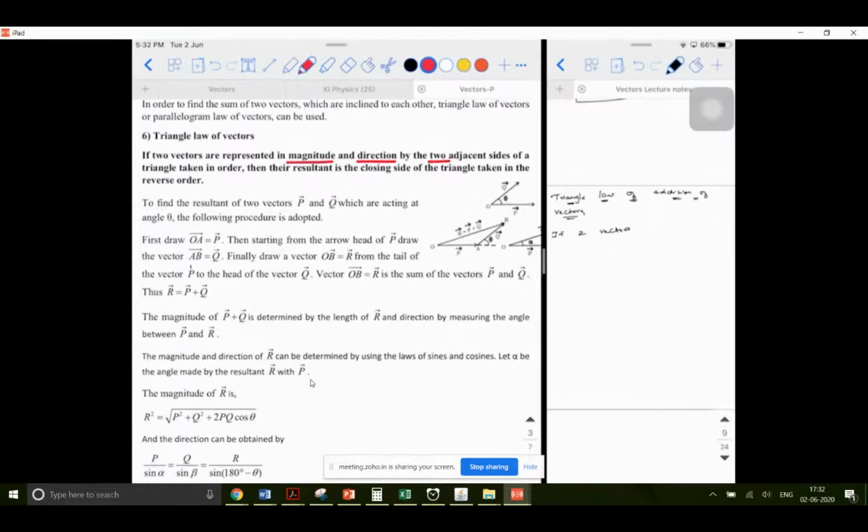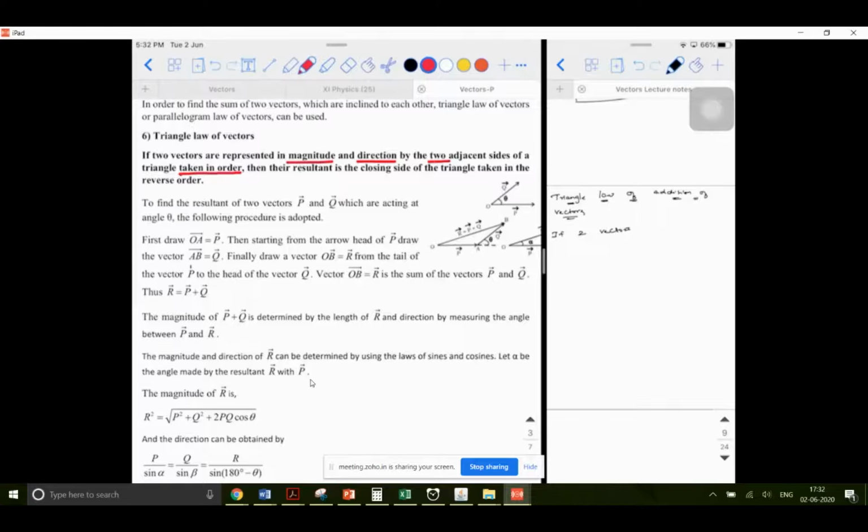If two vectors are represented in magnitude and direction by the two adjacent sides of a triangle taken in order, this is very important, underline this word, taken in order, then their resultant, I'll explain what resultant is.